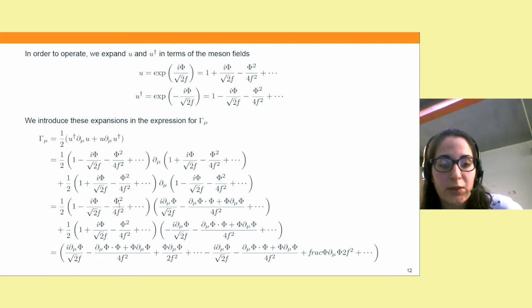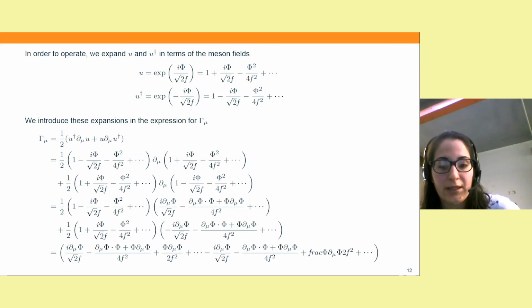And we also get this kind of term if we multiply this term here times this one here, so we also have to take it. The rest of the products would give us a higher number of fields, so we don't take them. We just take the ones we need.